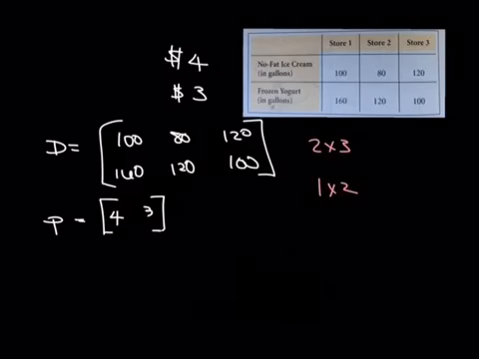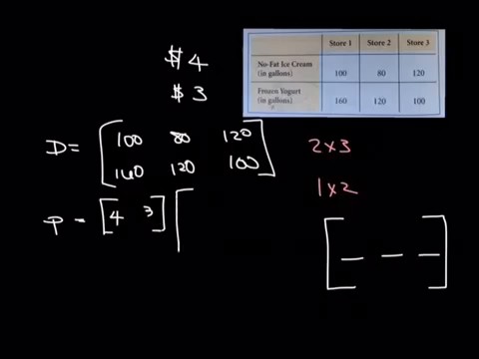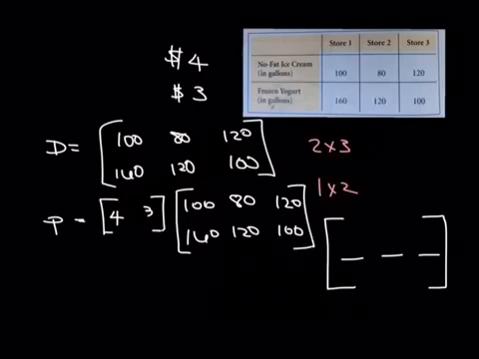Let's go ahead and write that as a 1 by 3 matrix: 1, 2, 3. There's my 1 by 3 matrix that I'm going to get in my answer. I'm going to put D right next to it, so I've got the right order. I just took this and moved it down.